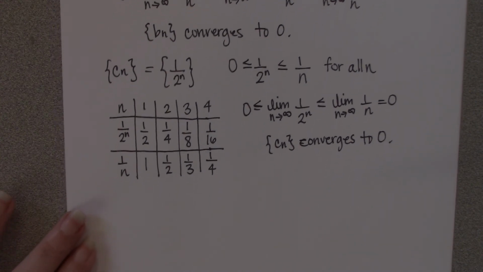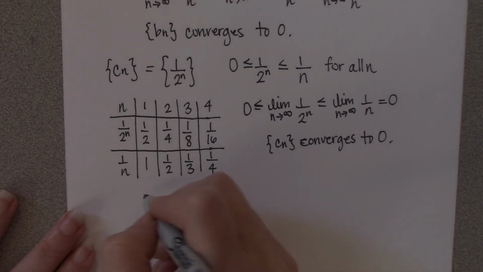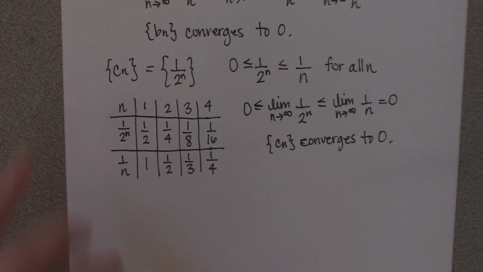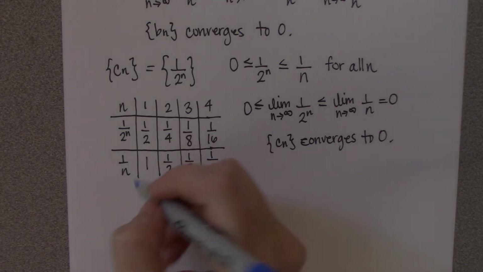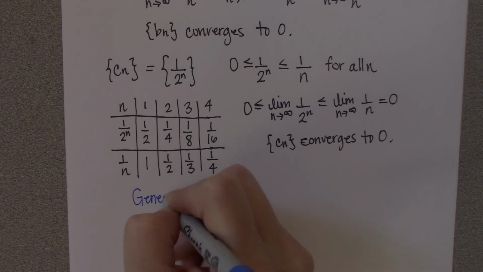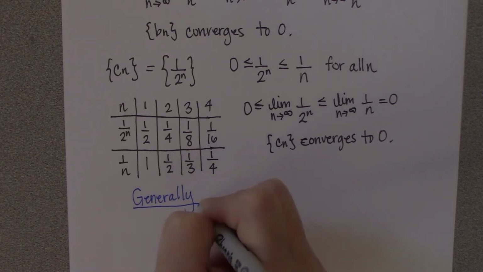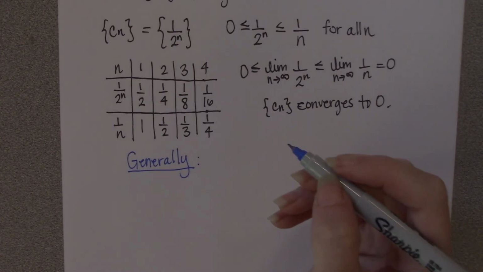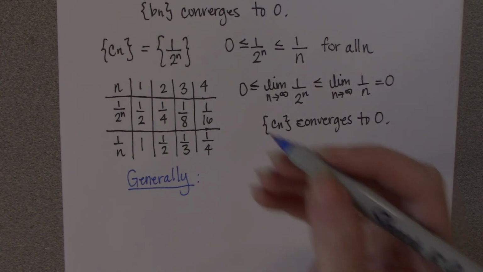So this is another valid known limit. This is going to be another one of those general limits we're just going to be allowed to cite when we see them.